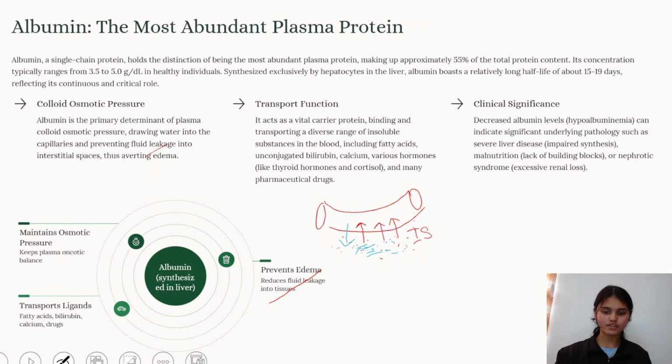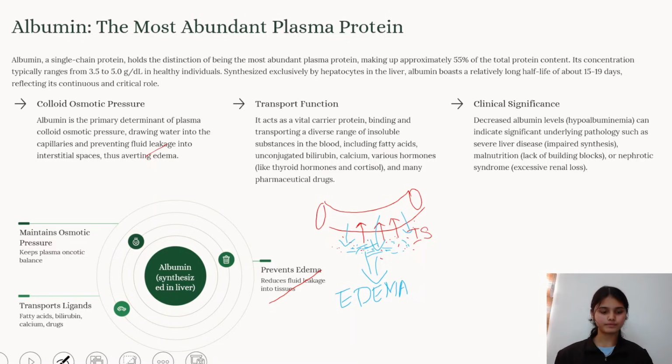Eventually, this accumulation is going to lead to a condition called edema. Edema is nothing but a swelling-like appearance that you see in the body because of the presence of fluid in the interstitial space.